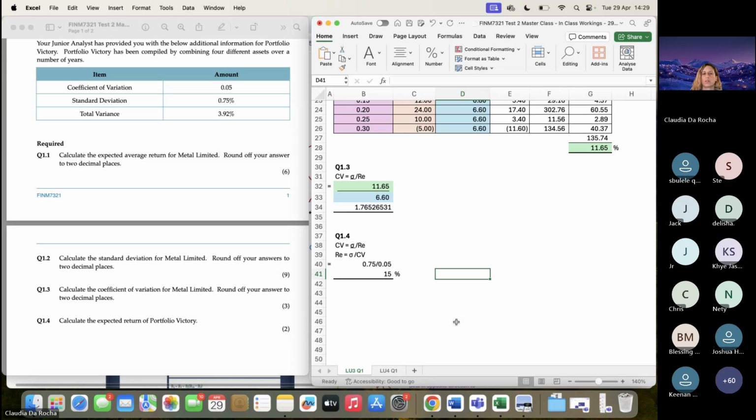All right, any questions on 1.4? Okay, so this last question is based on this specific part. That's our portfolio. It's just showing how you can be asked to calculate expected return on a portfolio in a different way, using your coefficient of variation formula and manipulating it.